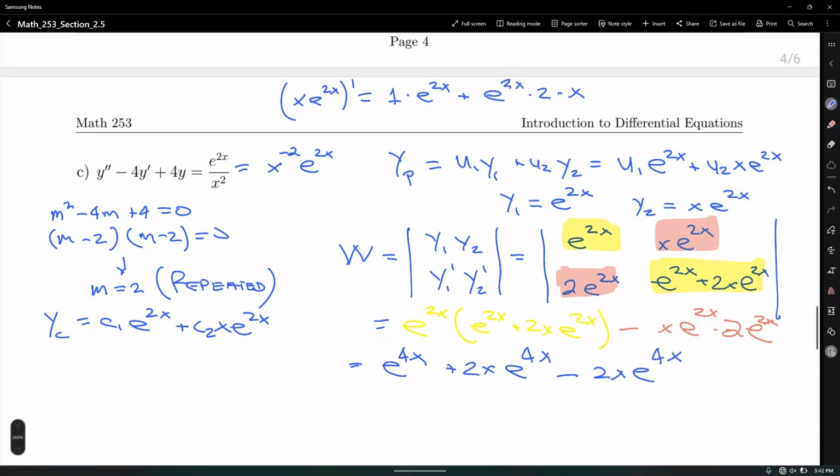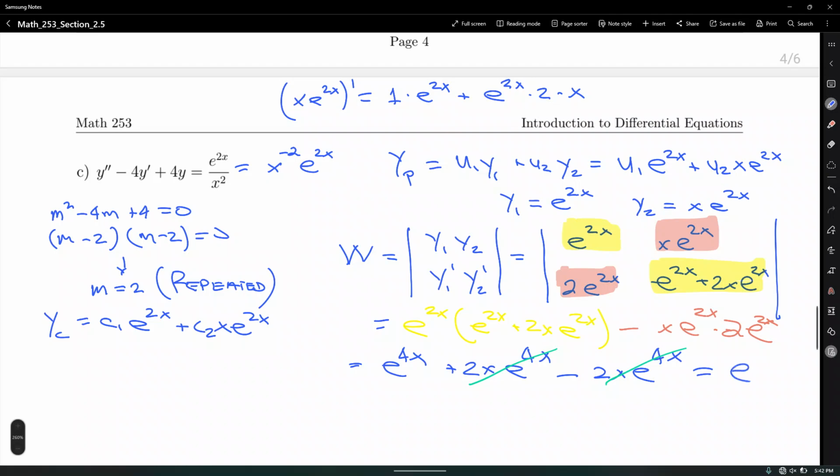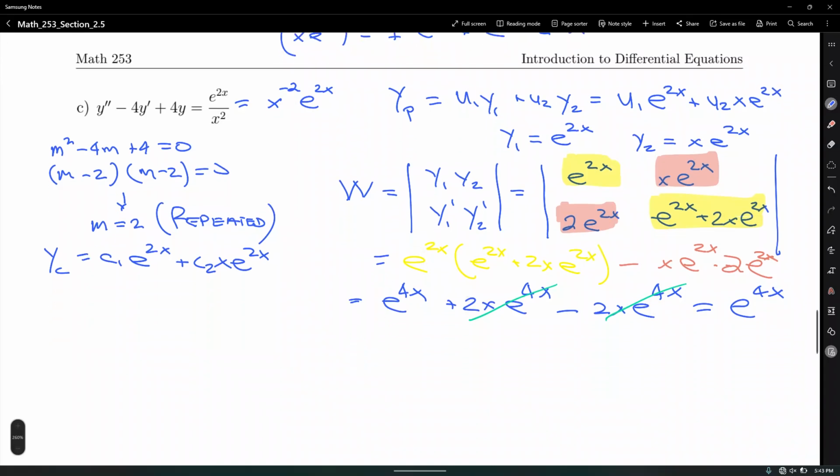Because we have the same base of the exponential, we add the exponents. 2x plus 2x equals 4x. And even better, these cancel out, right? To give us e to the 4x. So again, this Wronskian was not as straightforward as the previous example. It was a little more involved, as I mentioned before.